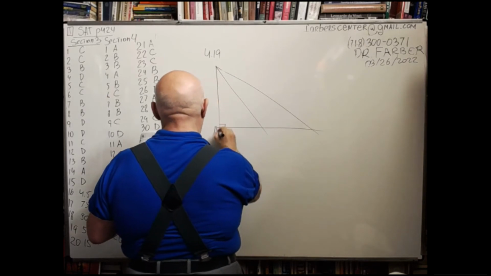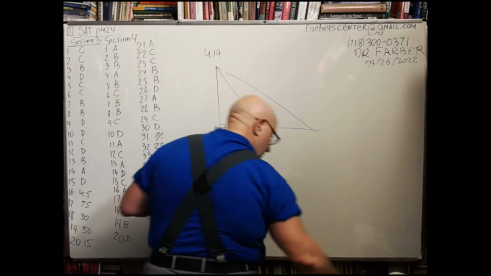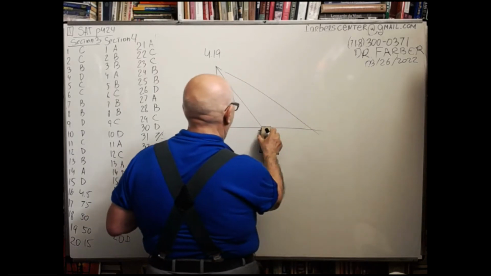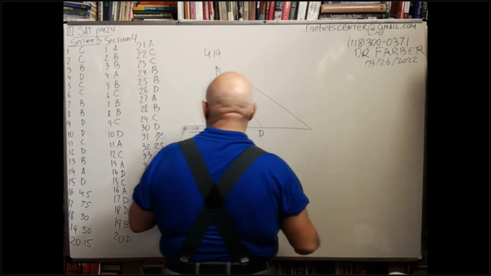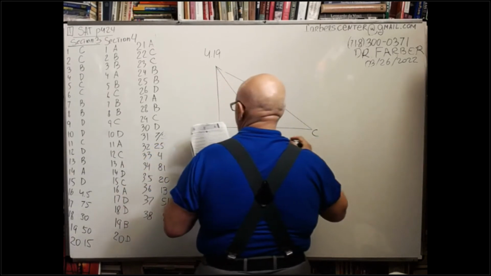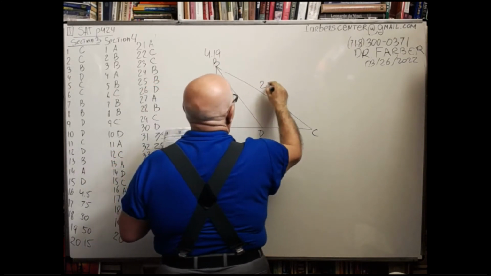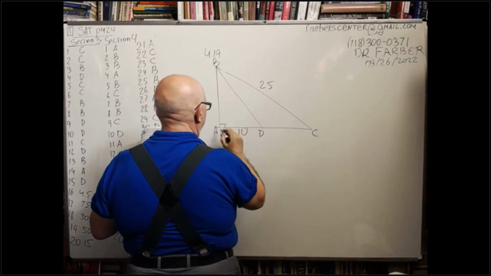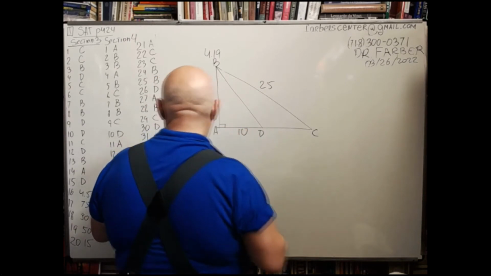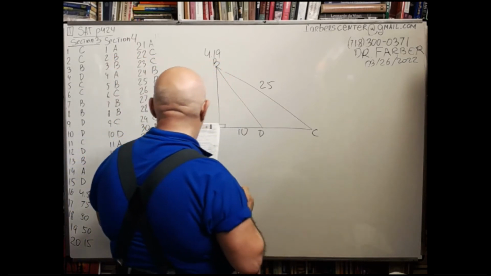And this is A, D, C, B. This is 25. This is 10. AD equals BC equals 25.